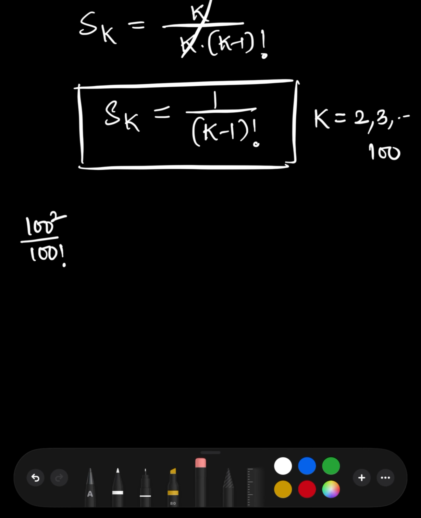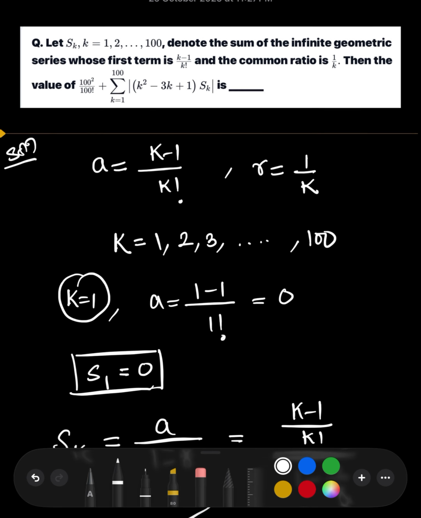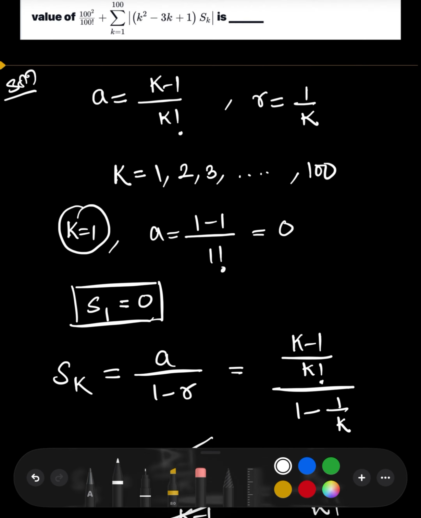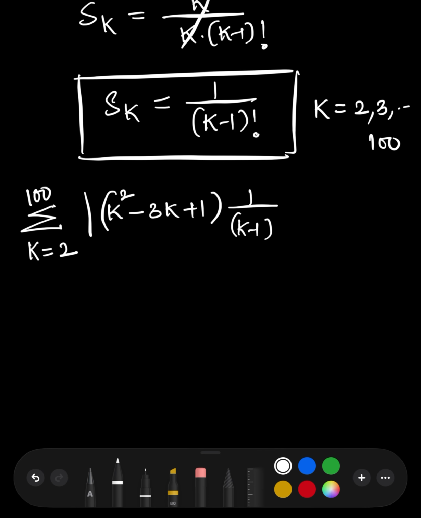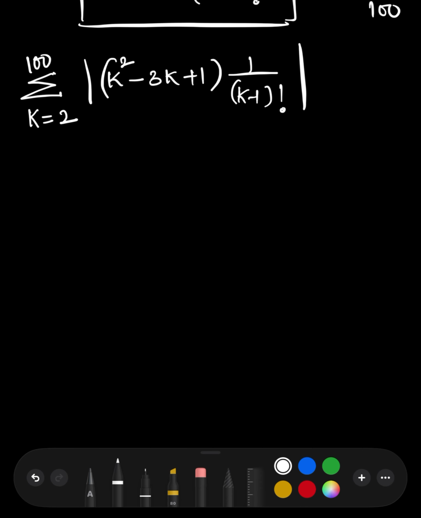Now let's discuss that later and move on to the sigma. Actually it is given k equal to 1 to 100, but since S_k is in the summation, I'm converting k equal to 1 to 100 into k equal to 2 to 100: the sum of the modulus of k square minus 3k plus 1 into 1 by (k minus 1) factorial, right?